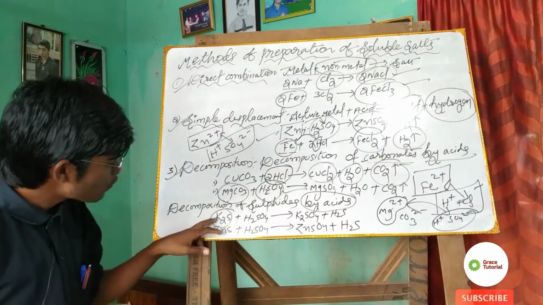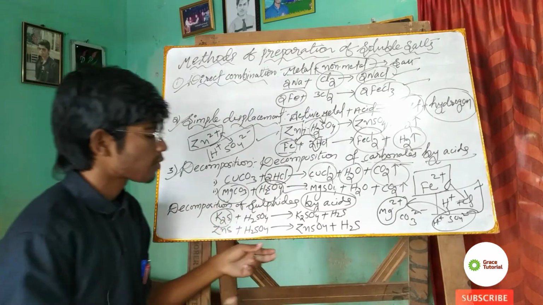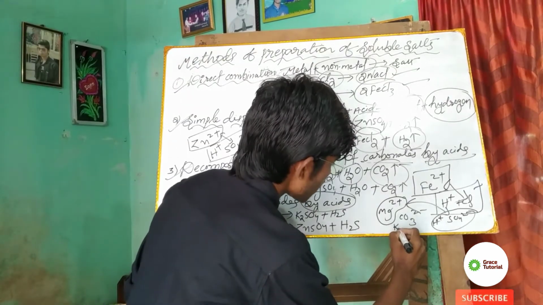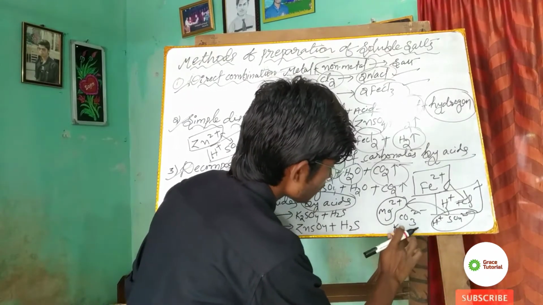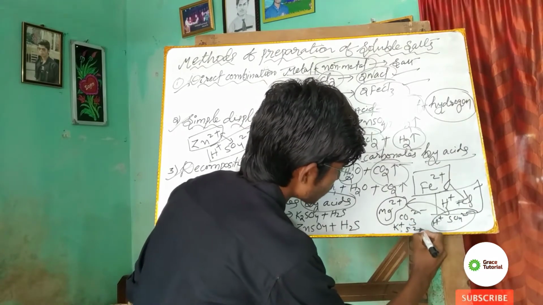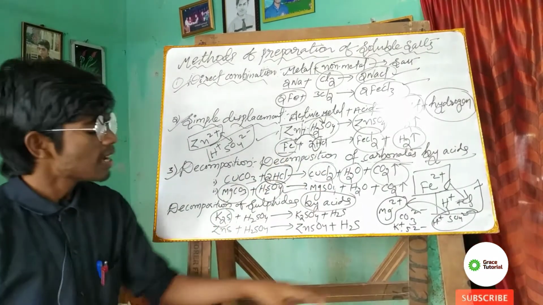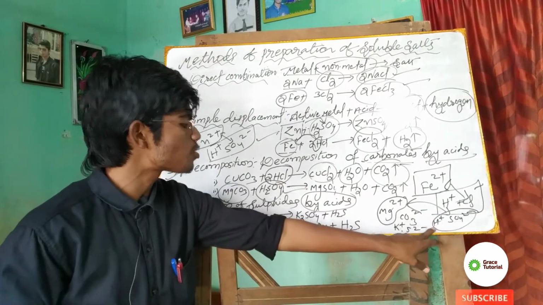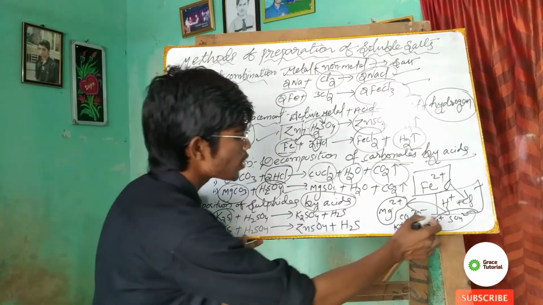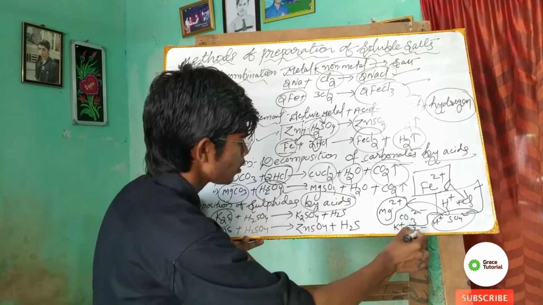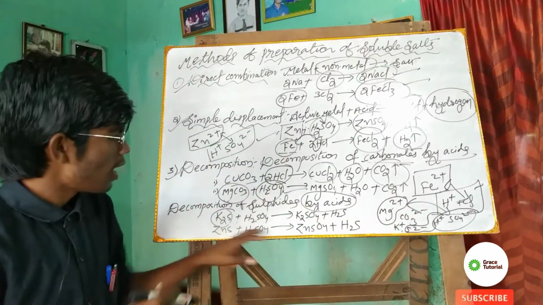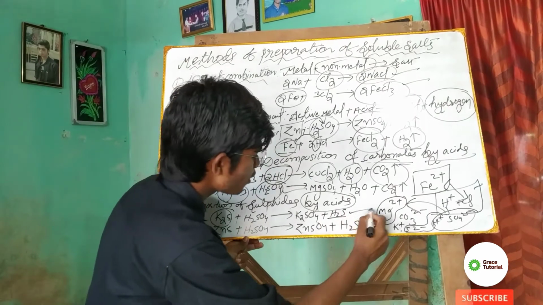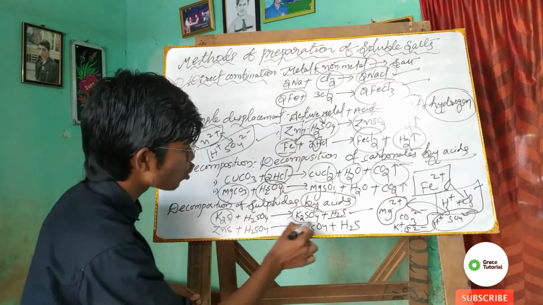Similarly, if you dissociate K2S, that is potassium sulfide, you will get K+ and S2-. Generally, the negatively charged particle of this compound will react with the positively charged part of the other compound, and finally it gives H2S.